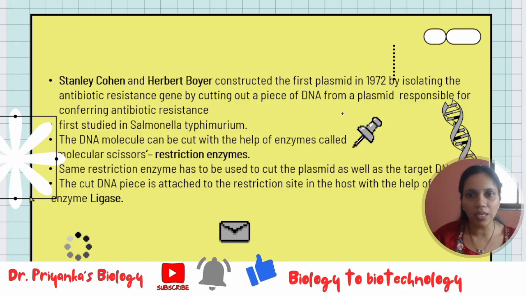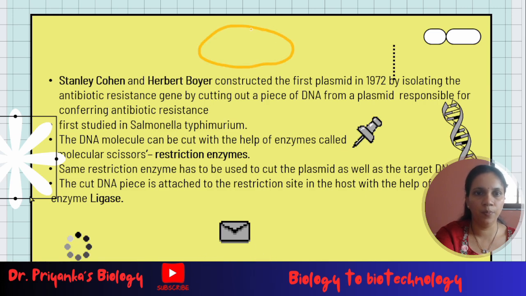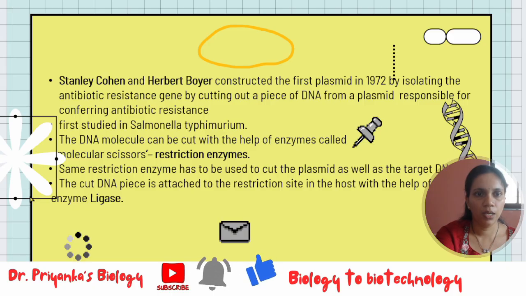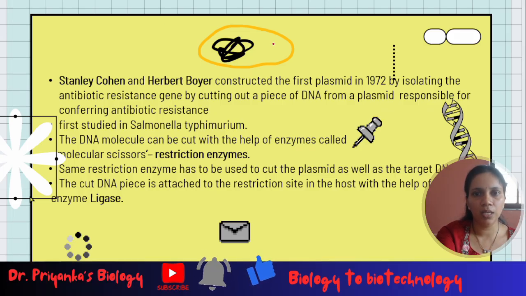If we have to define a plasmid, it is an extra chromosomal DNA. Suppose we have this bacterium. It will have its own genetic material, its own DNA, and your plasmid will be something other than the genetic material.